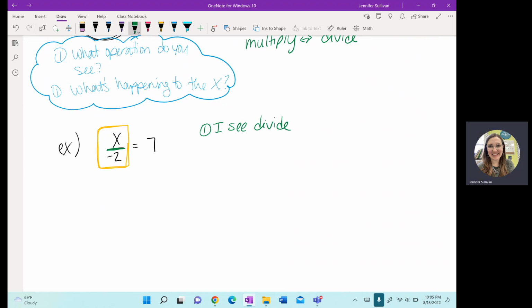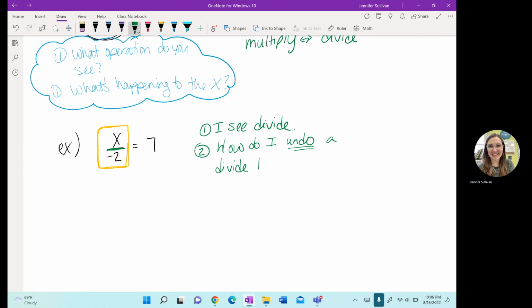We always start with our observations. And then from that observation, then we can figure out what to do next. So what do I do? Or how do I get rid of a divide by negative 2? How do I undo a divide by negative 2?